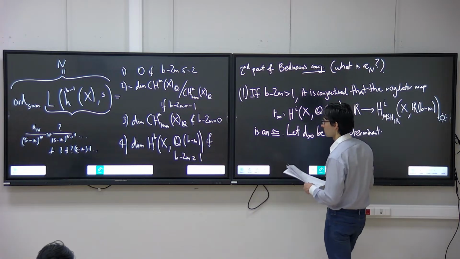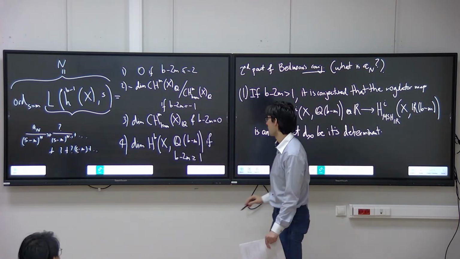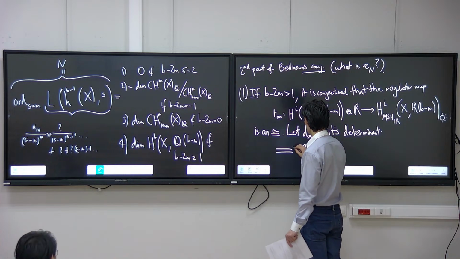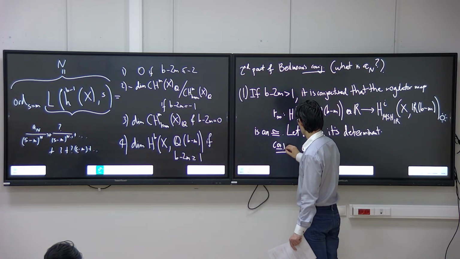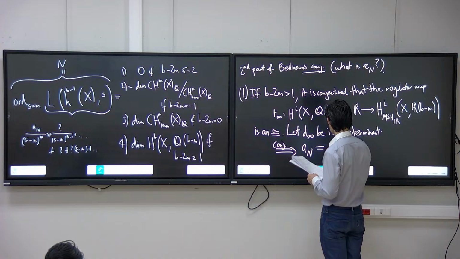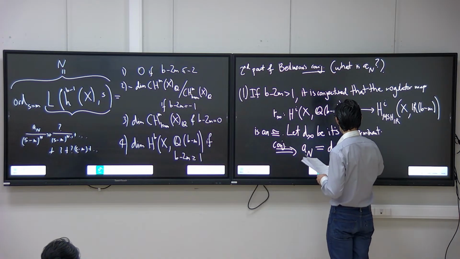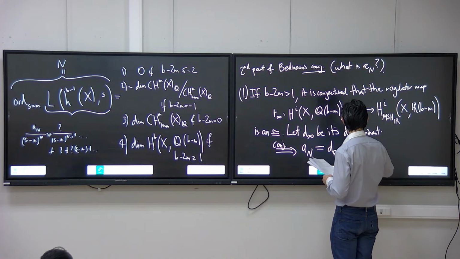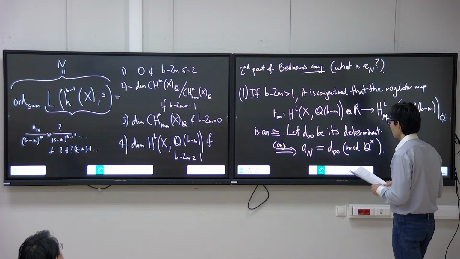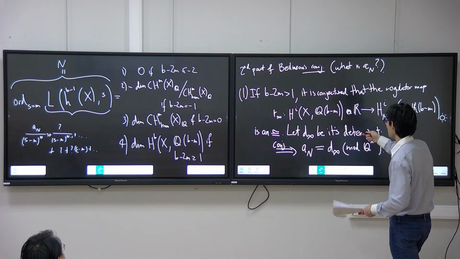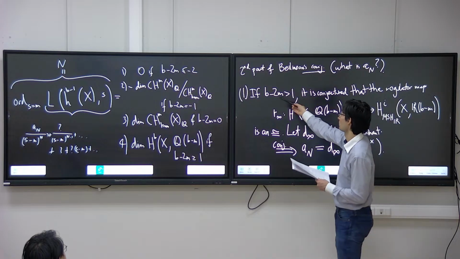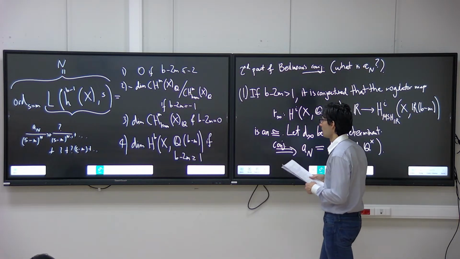And then the conjecture is basically that this leading term, a_n, is equal to d_infinity modulo some rational unit. So the leading term is completely governed by the determinant of the regulator in this setting, b-2m greater than 1.